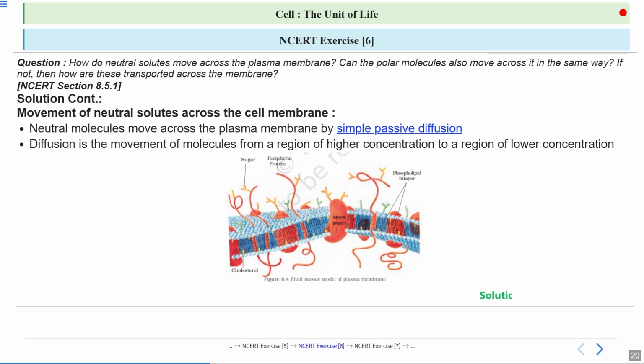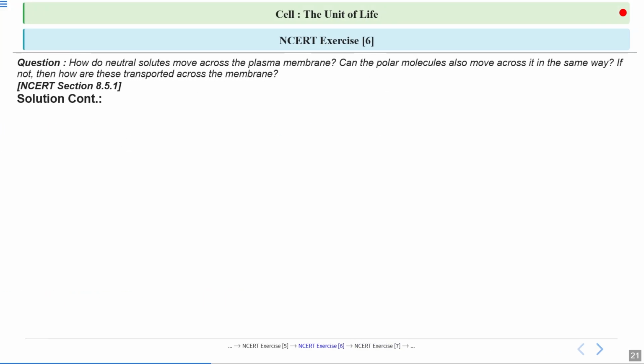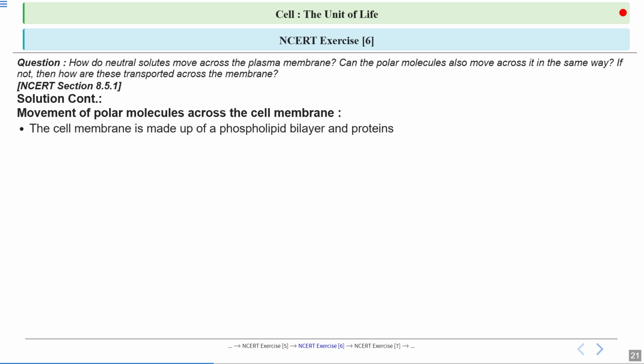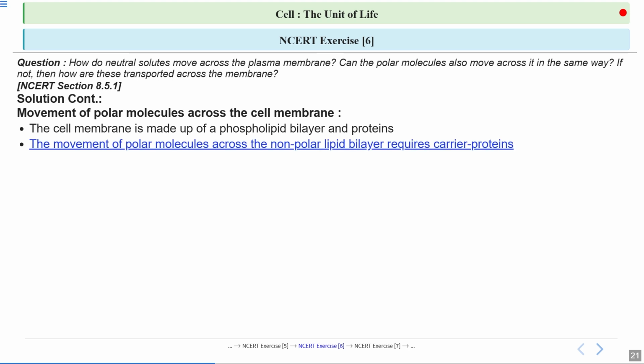Then what about the polar molecules? The cell membrane is made up of phospholipid bilayers and proteins, so it is difficult for the polar molecules to pass. So they require some assistance. The movement of polar molecules across the non-polar lipid bilayer requires assistance in the form of carrier proteins.